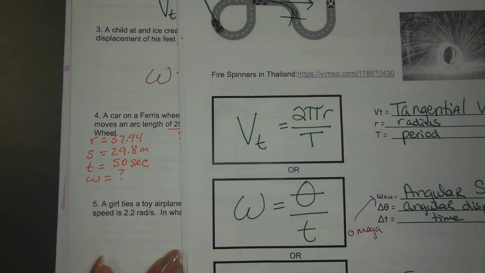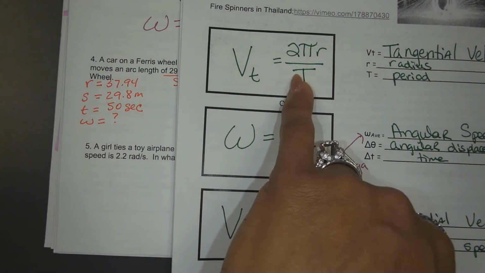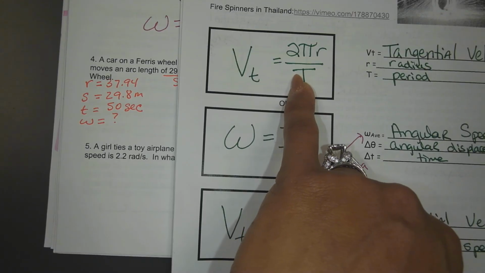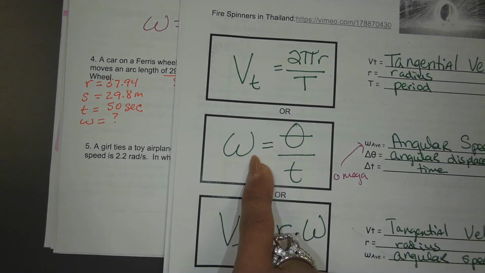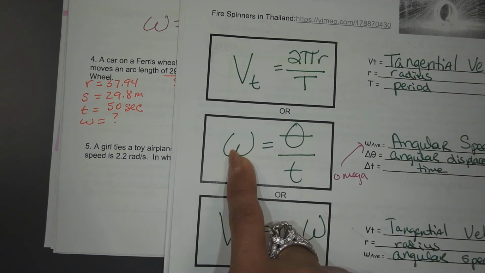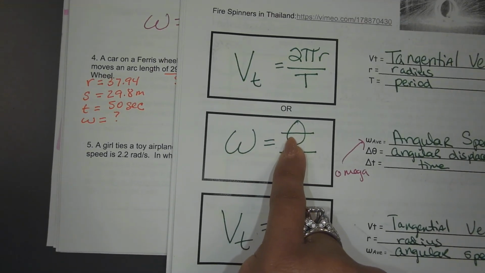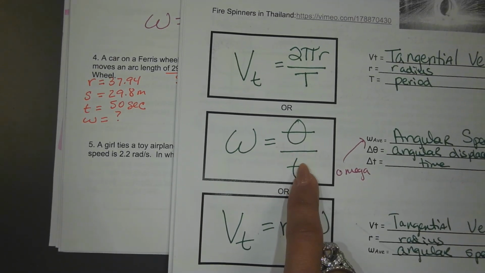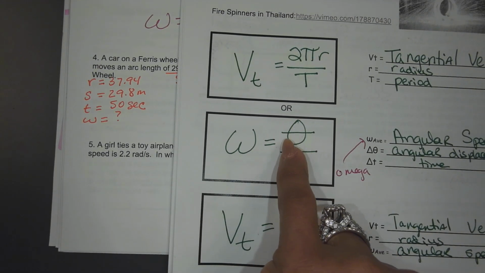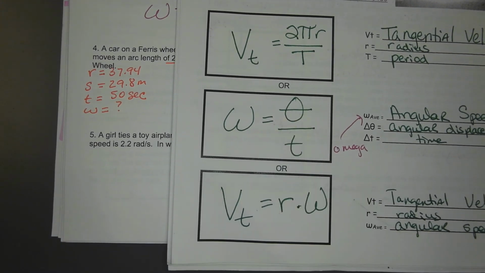Coming over here, equation number 1, it has an R, but it has a capital T, not lowercase. That's not helpful. Equation number 2, omega, okay, that's what I'm looking for. It has a theta, or an angular displacement, and it has a T. I have T, check, but I don't have this omega, theta.